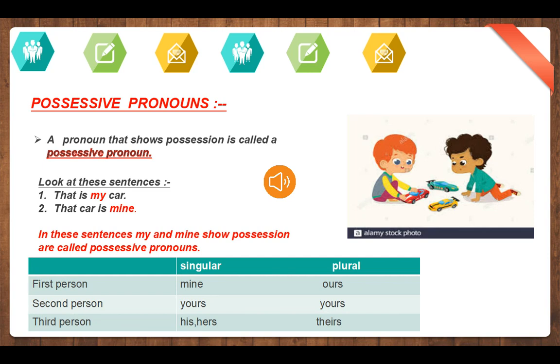Plural form, theirs. So, of these, mine, ours, yours, and theirs are of common gender, that is, they can be used both for males and females. His is masculine and hers is feminine.